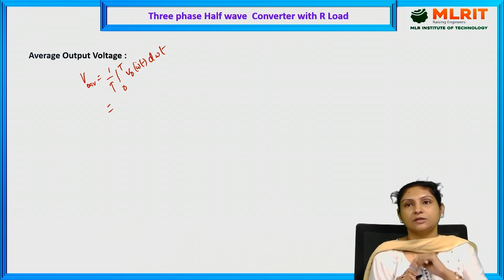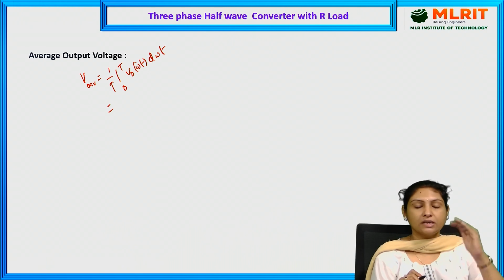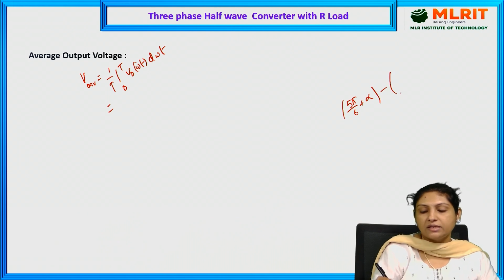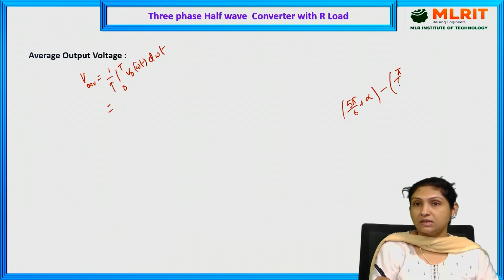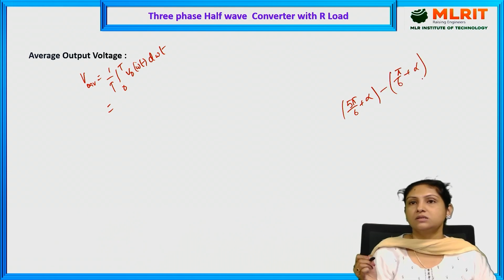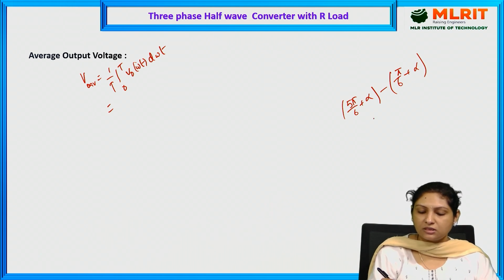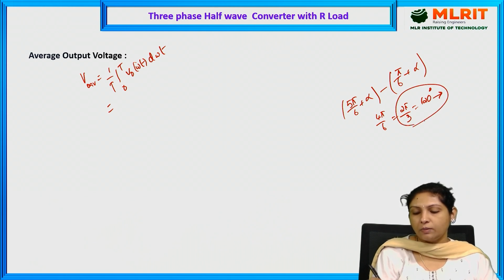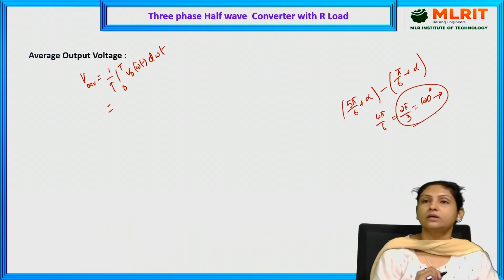It is conducting from pi by 6 plus alpha, and if you subtract this, we get 4 pi by 6, which is equal to 2 pi by 3, that is 120 degrees. So this is what your time period is.